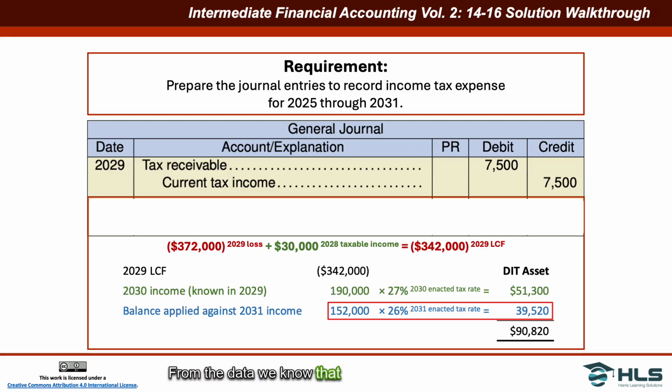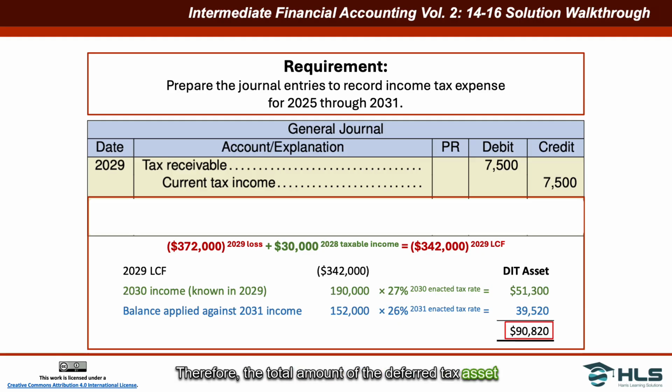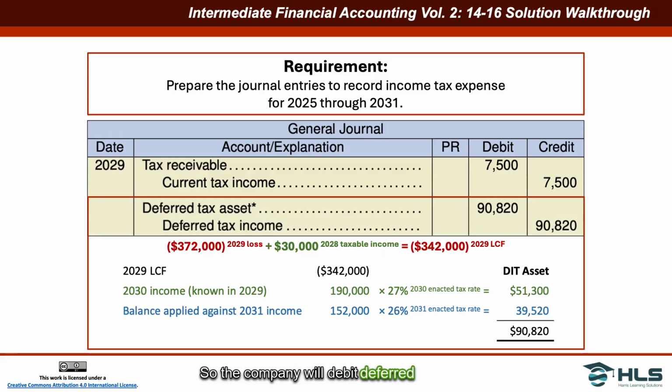From the data, we know that the enacted tax rate in the year 2031 will be 26%, so the other portion of the deferred income tax asset applicable to the year 2031 will be $39,520. Therefore, the total amount of the deferred tax asset that we'll set up is $90,820, split between two different amounts and two different enacted tax rates. So the company will debit deferred tax asset for $90,820 and credit deferred tax income.